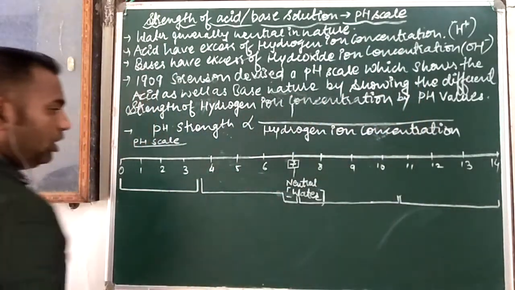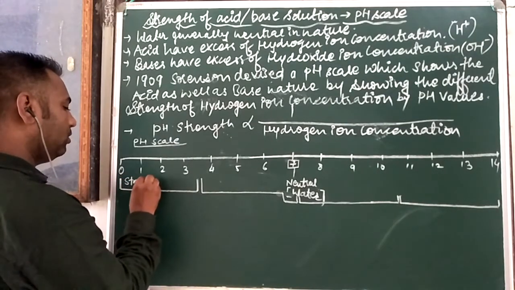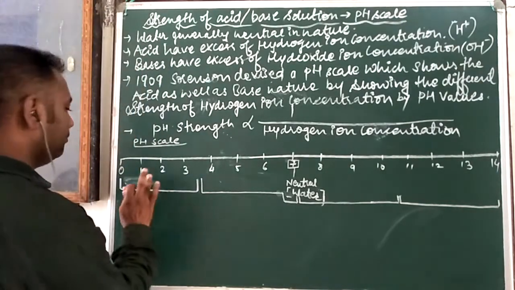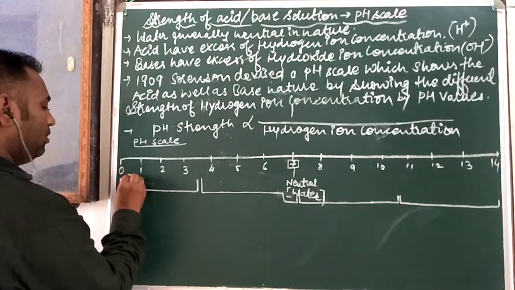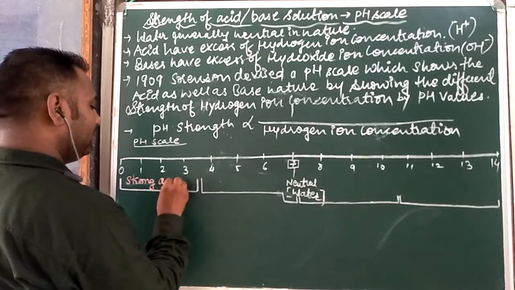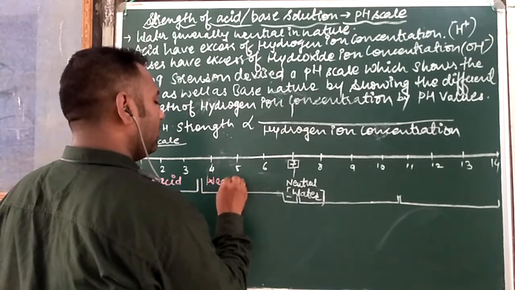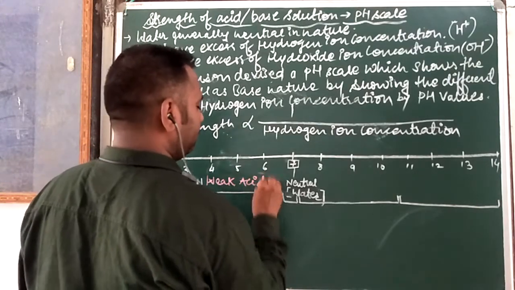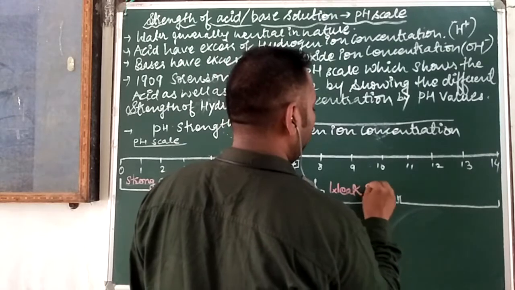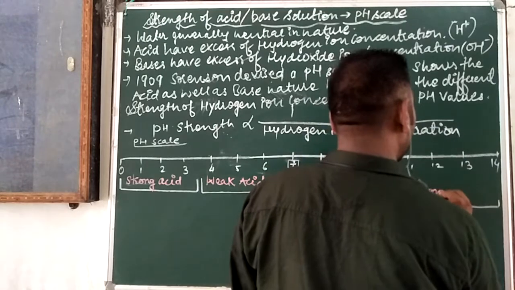What is this showing? Listen, this is strong acid, this is weak acid, this is weak base, and this is strong base.